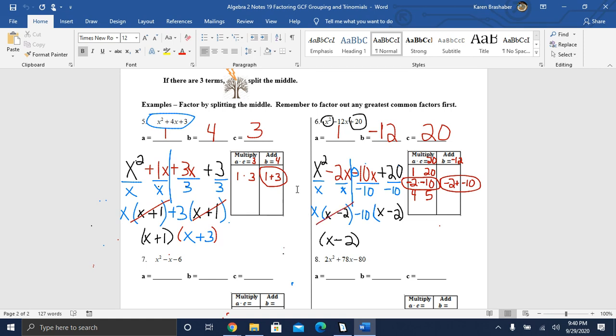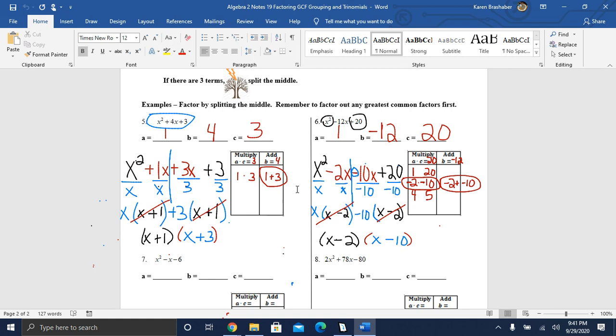I'm going to mark that out. And then my other factor is what's not marked out, x minus 10. So x minus 2 and x minus 10 will multiply together to give me my original problem of x squared minus 12x minus 20.